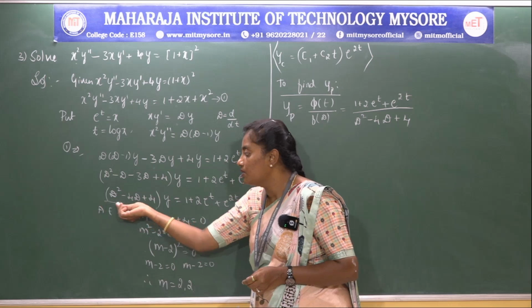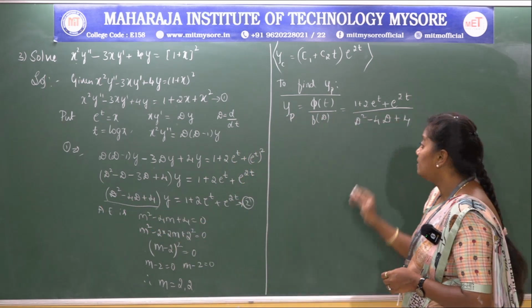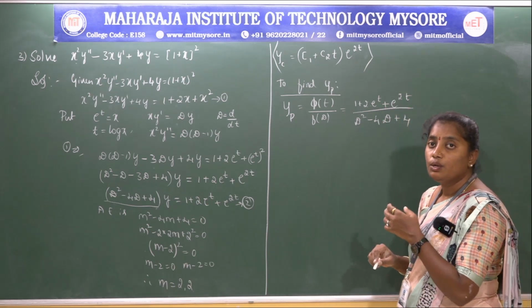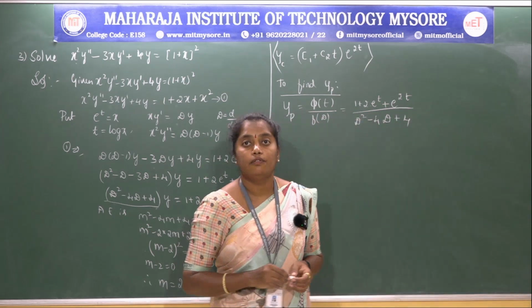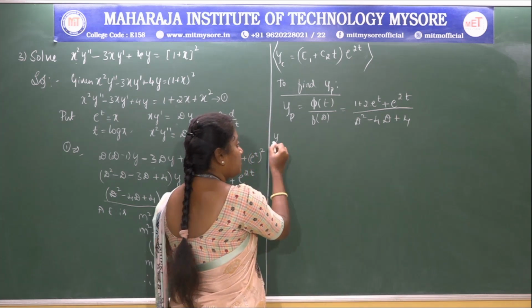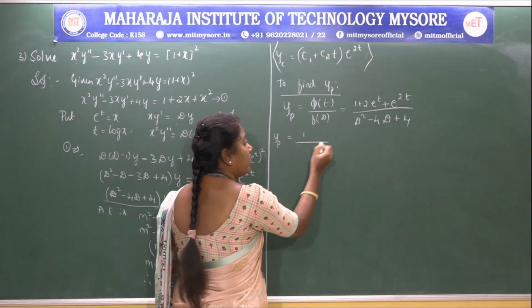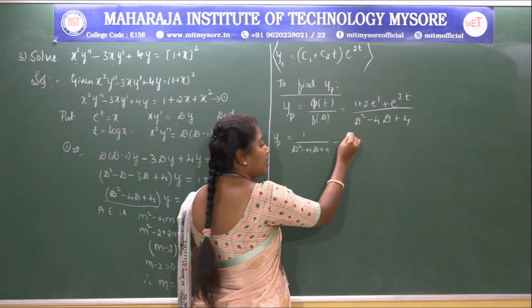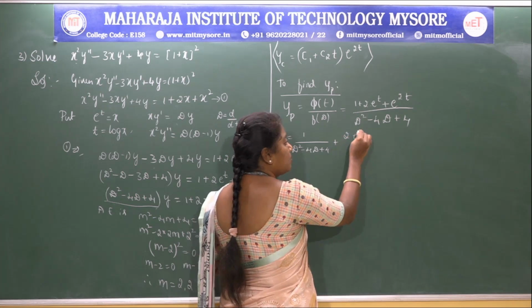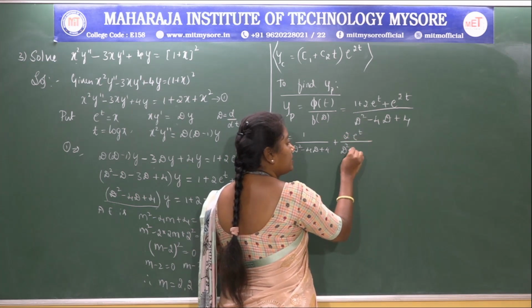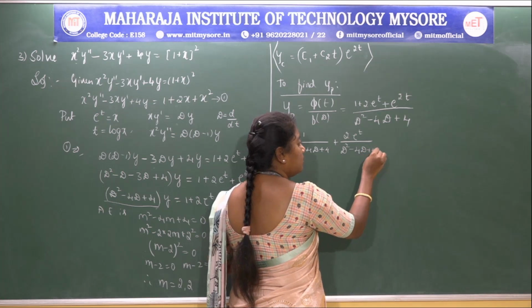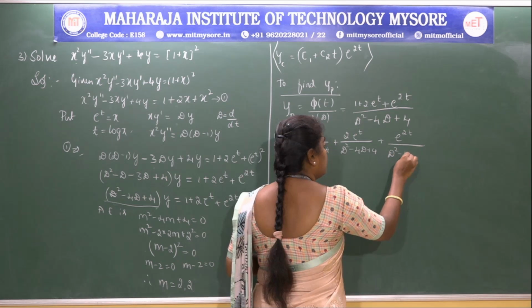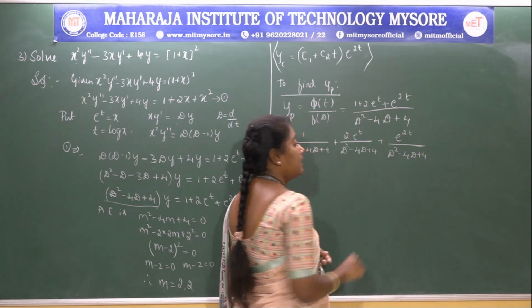Here we have three elements in the numerator, 1, 2e^t and e^(2t). Splitting those elements, yp = 1/(D² − 4D + 4) + 2e^t/(D² − 4D + 4) + e^(2t)/(D² − 4D + 4).